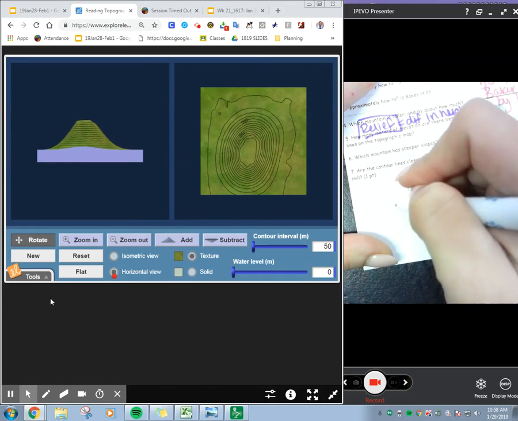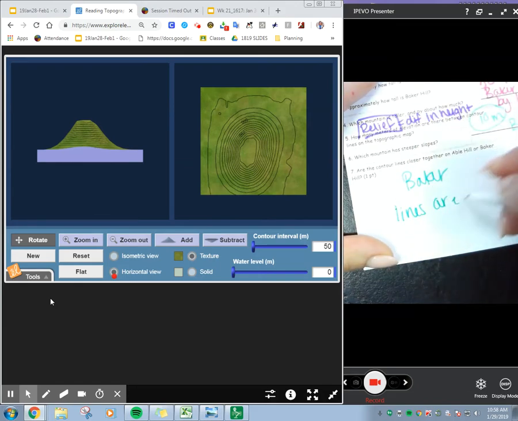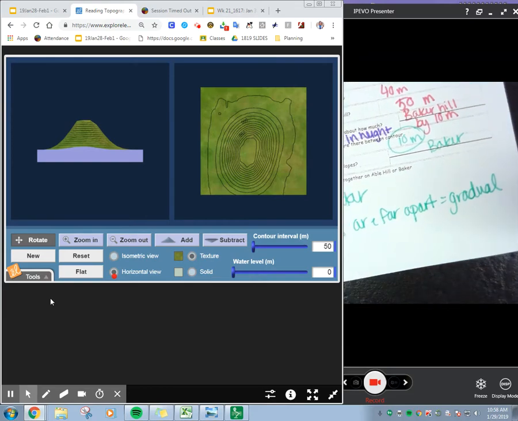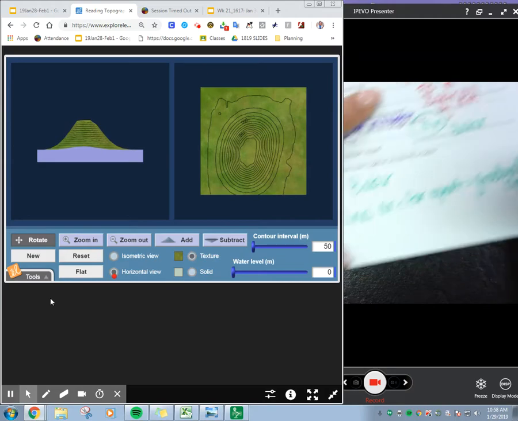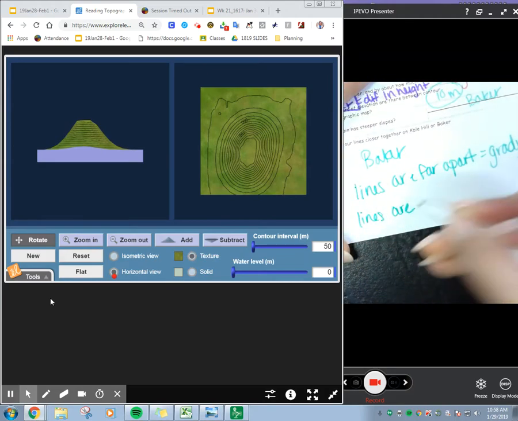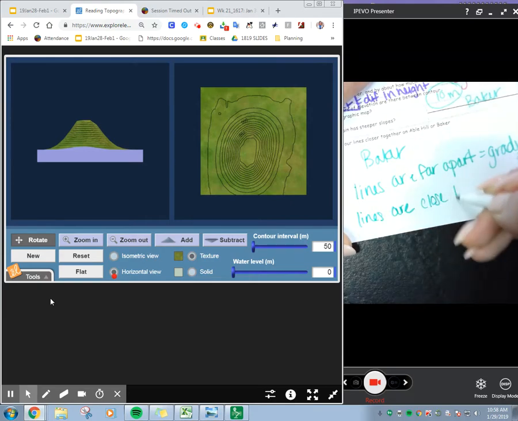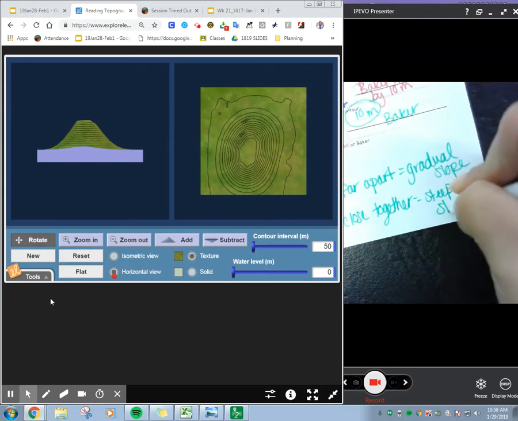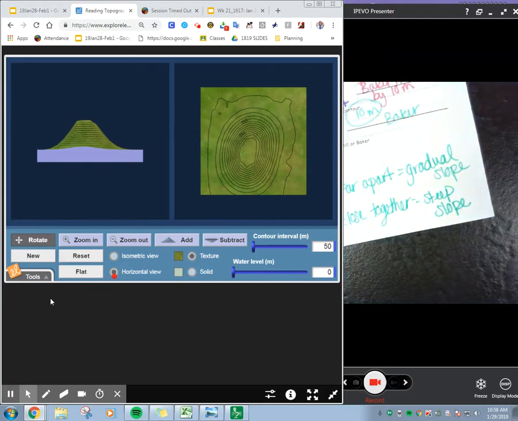If lines are far apart, then it is gradual. Gradual, gentle slope. If the lines are close together, then you have a very steep, sharp slope.